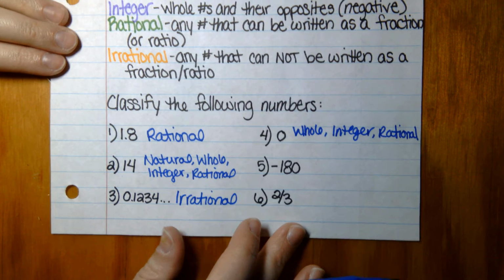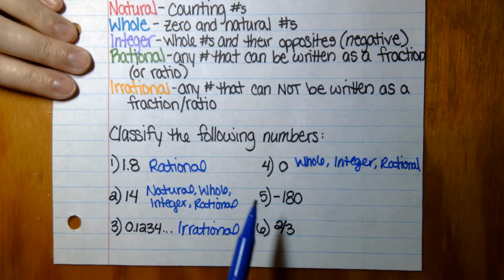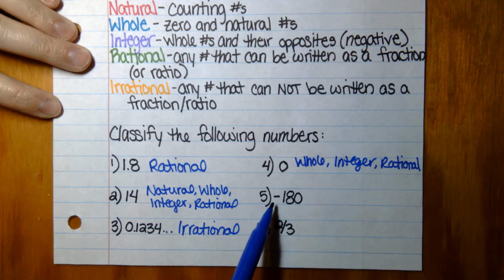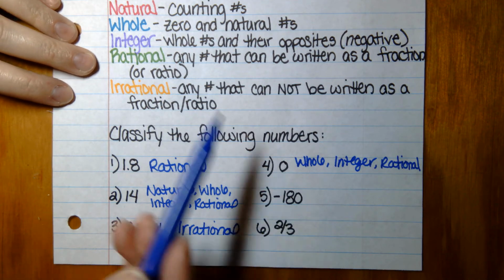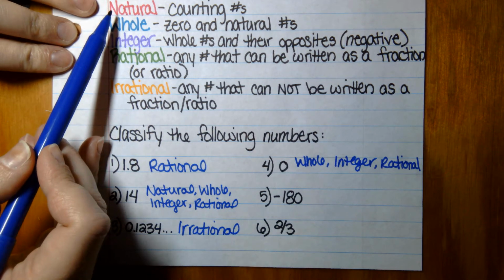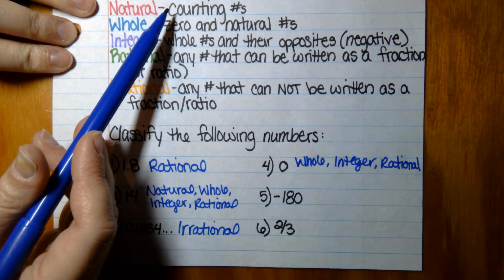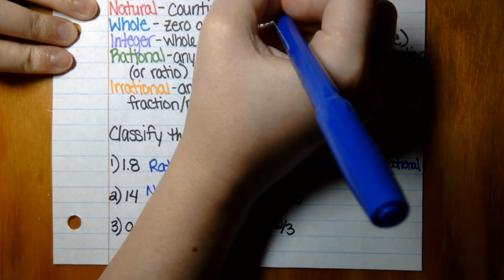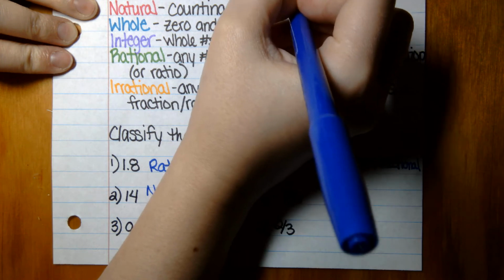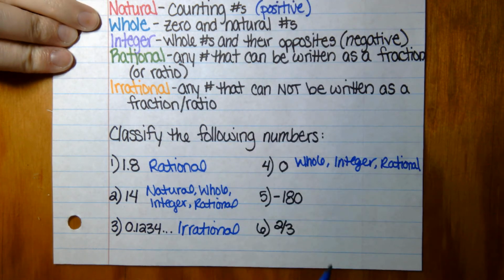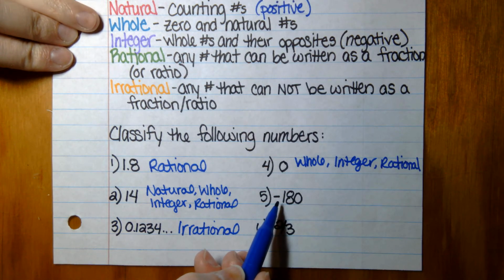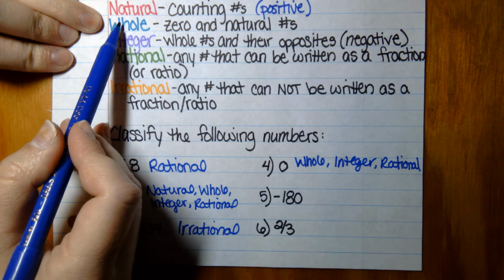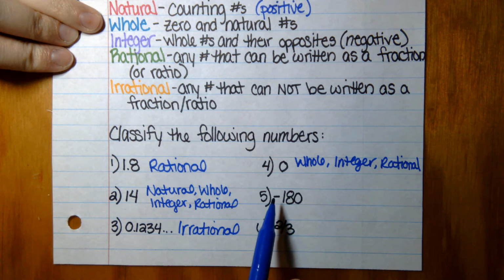If we look at example 5 down here, I have negative 180. So start at the top. My natural numbers are counting numbers, which are only positives. Since it's a negative, it can't be a whole number or a natural number. Whole numbers include 0 and naturals. So again, since it's a negative, it can't be a whole number.